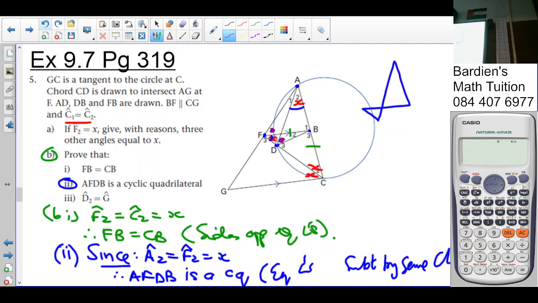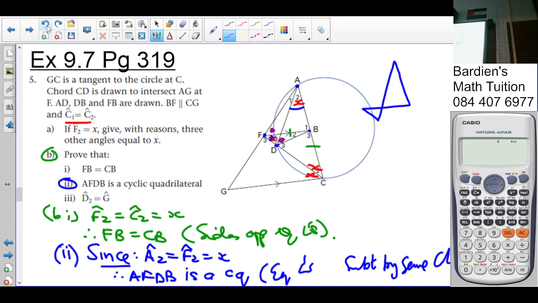Angles in the same segment. What segment? This is a circle going through here. Remember, if the quad is cyclic, that means a circle is going through there, or can be drawn through there. You understand? So it's cyclic.